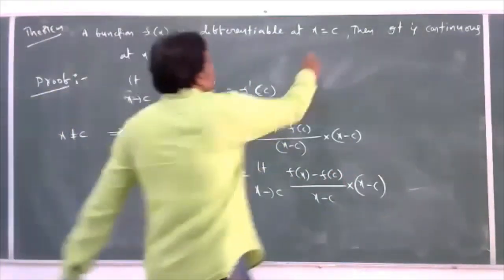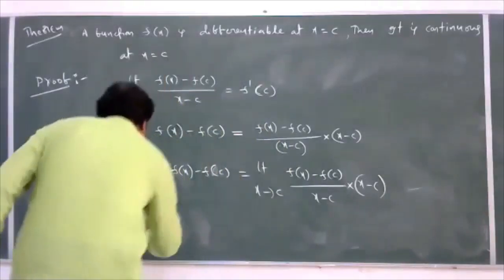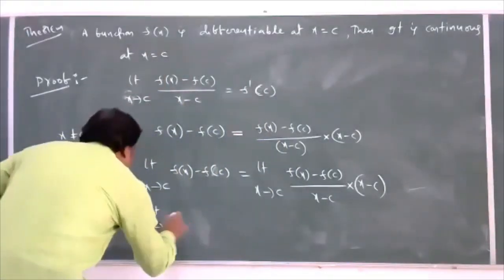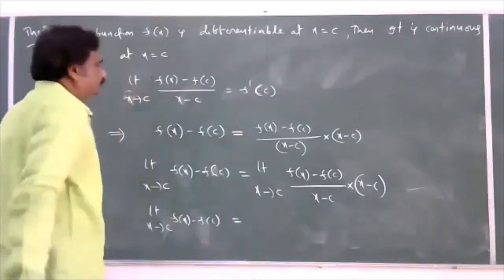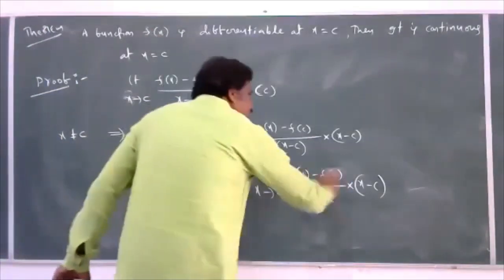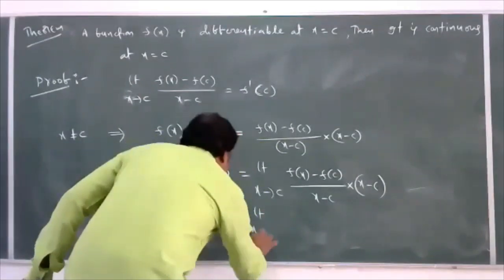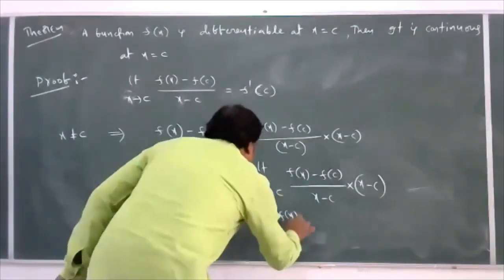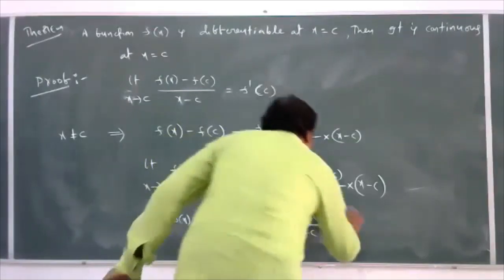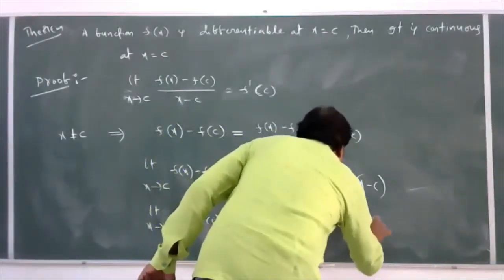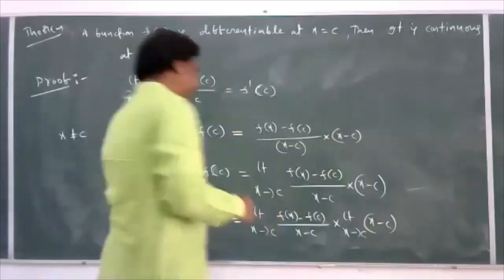Then write limit x tends to c, f of x minus f of c is equal to, here split the limits, limit x tends to c, f of x minus f of c by x minus c into limit x tends to c, x minus c.